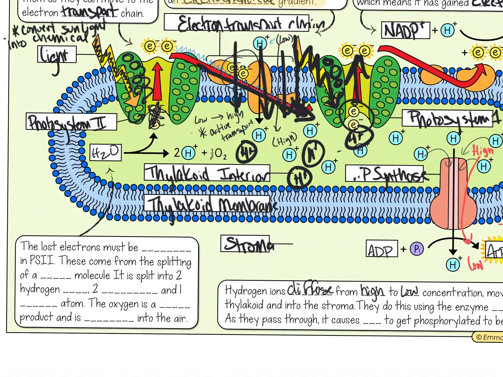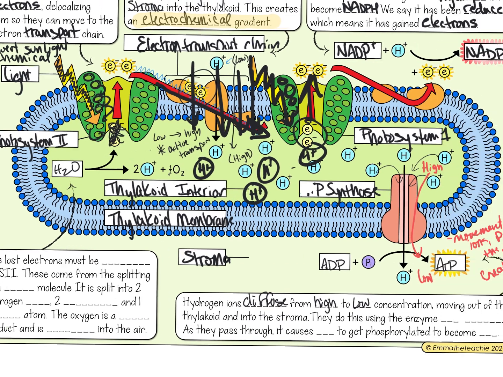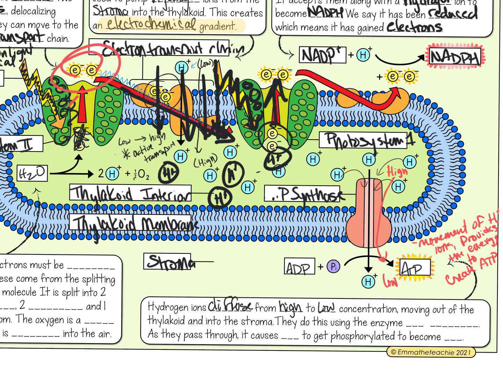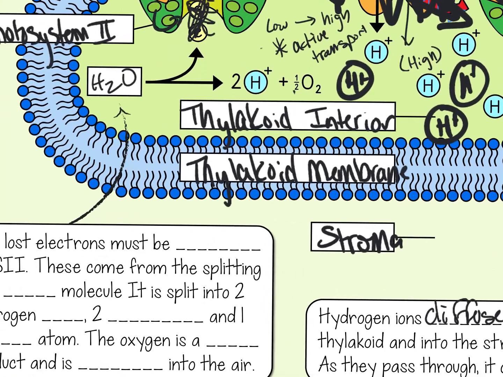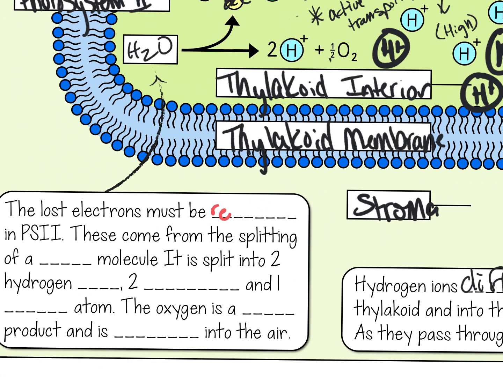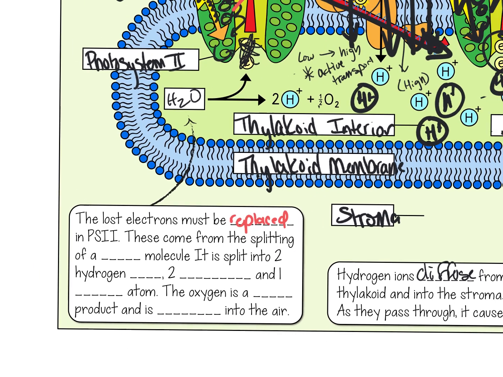Now let's go back to this water here. So the lost electrons, we went all the way from here all the way back to over here. And so we got to recharge this thing. So the lost electrons must be replaced in PS2.